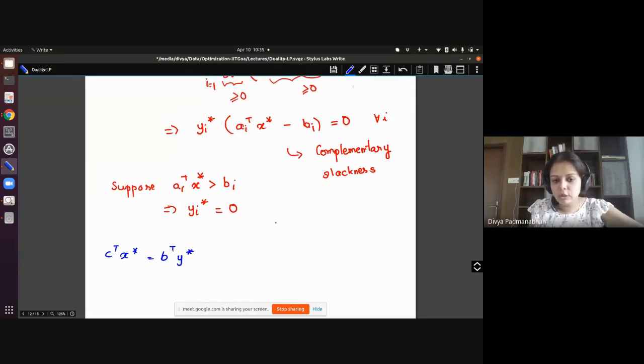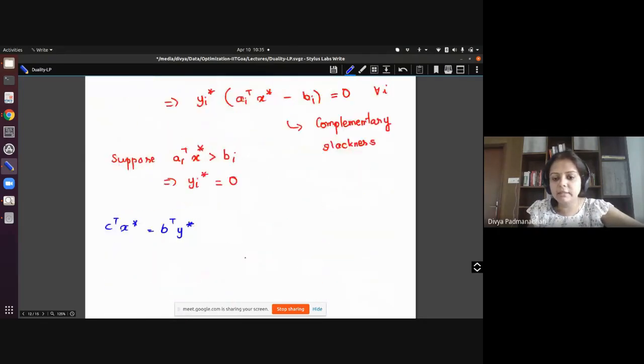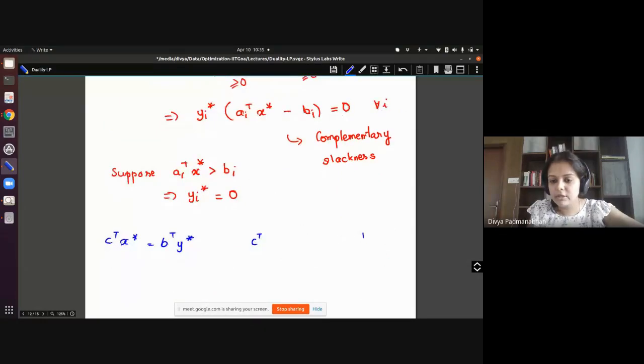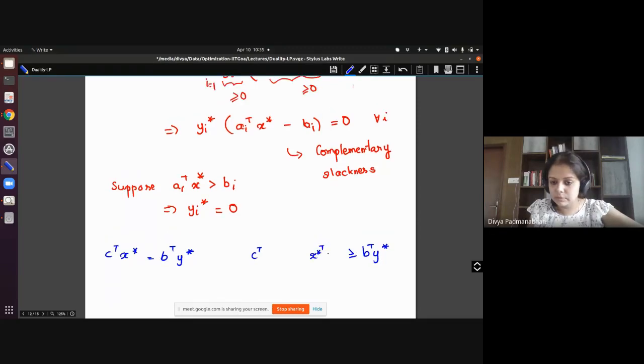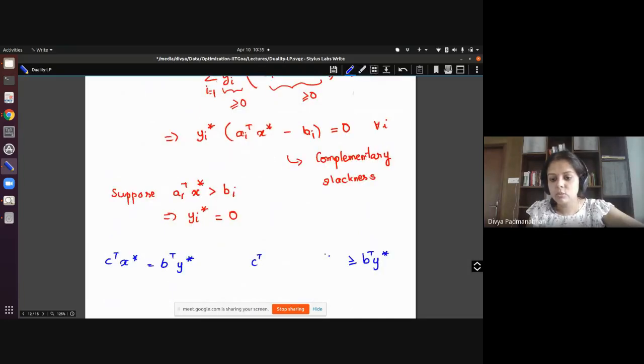And the way we wrote the dual, the way in which we wrote these multipliers, ensured this for the problem. So we had B transpose Y star less than or equal to Y star transpose AX star, again because this was the optimal, and this was also less than or equal to C transpose X star.